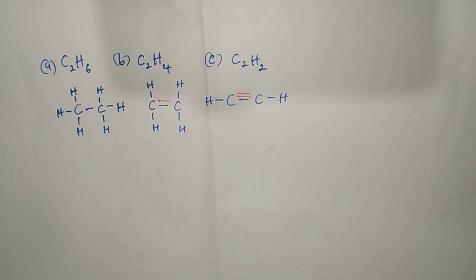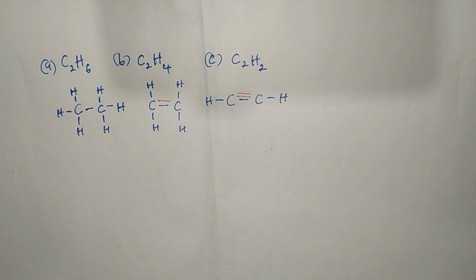Take for instance, you have one pencil, and you have 3 pencils, and you're asked to break 1 pencil and to break 3 pencils simultaneously. Which do you think will be more difficult to break? The triple bond, right? So a carbon to carbon triple bond is stronger than a carbon to carbon double bond, and a carbon to carbon double bond is stronger than a carbon to carbon single bond.